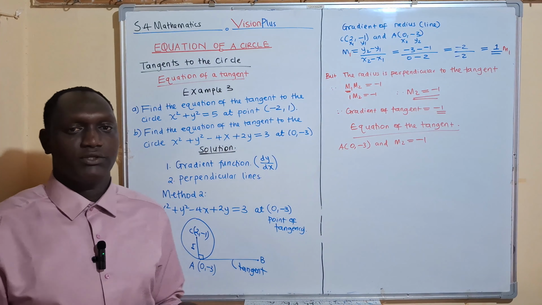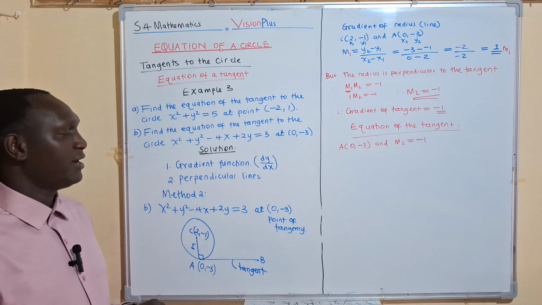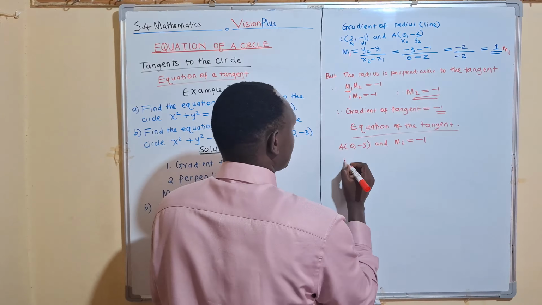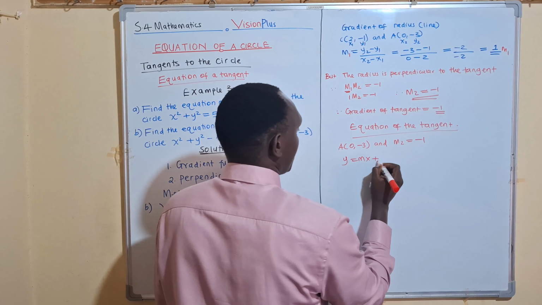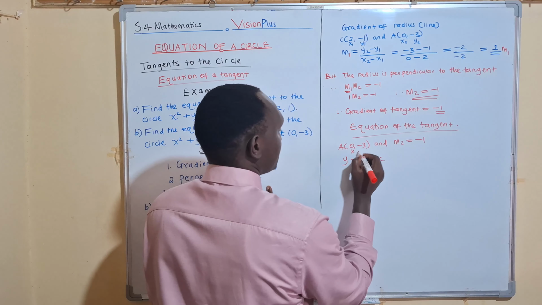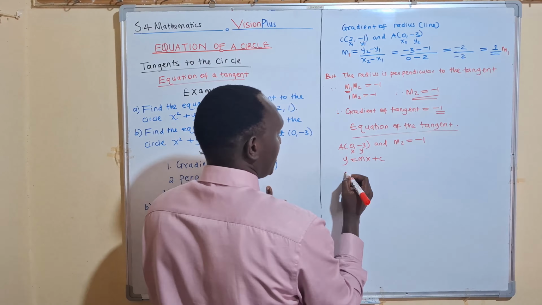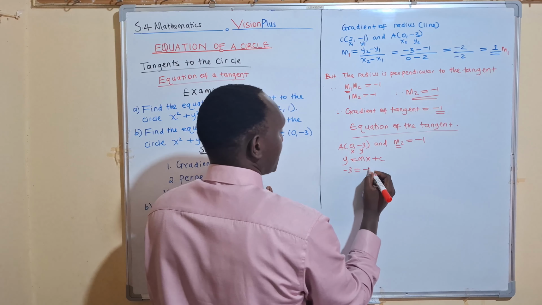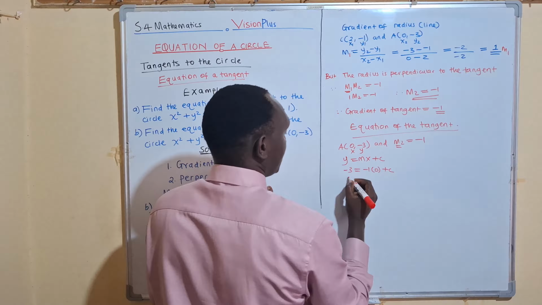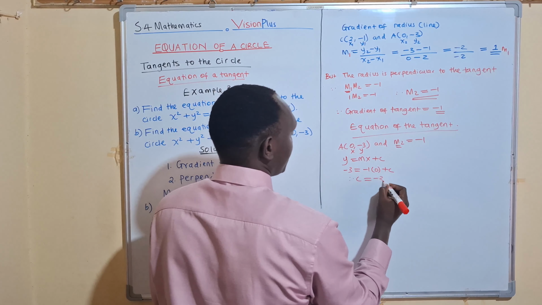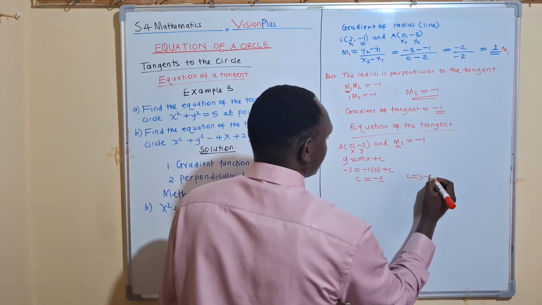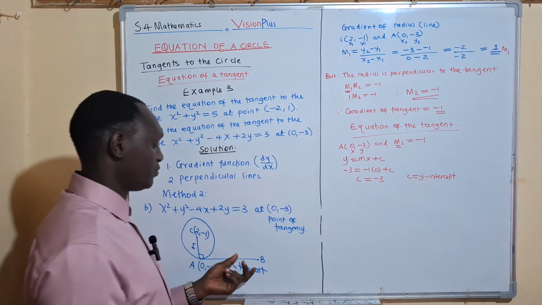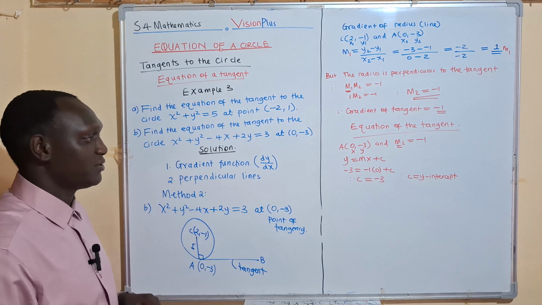Now here we can use the equation of the line to find the equation of the tangent, which is y equals mx plus c. This is my x, this is my y, and this is my m. I have -3 equals -1 times 0, plus c. Therefore, my c gives me -3, where c is the y-intercept. That is the point on the y-axis where the line, which is the tangent in this case, meets the y-axis.